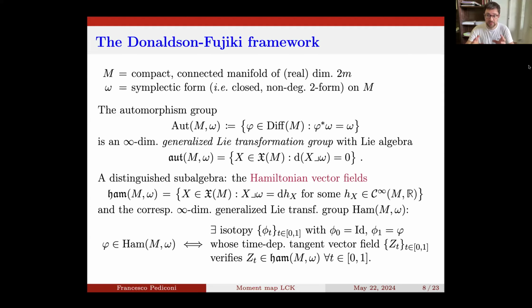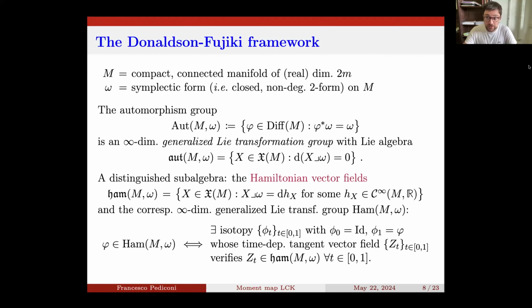That's precisely the way you construct a generalized Lie transformation group out of a closed Lie algebra of vector fields on the manifold, assuming that this Lie algebra verifies some hypotheses that in this case are fulfilled.